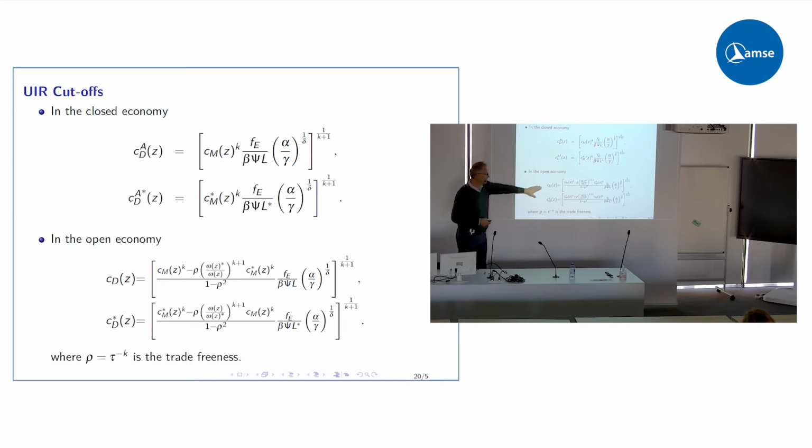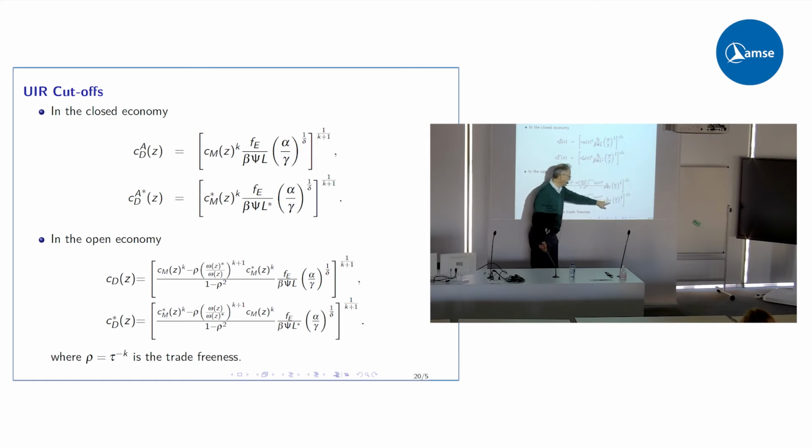Then in the open economy, you can solve the model with the export market. And you see that two things are going to be there on top. Of course, foreign variables. So how large is the gap between input prices in the two countries? The foreign Ricardian aspect, so the state of technology of the foreign country, and then the trade barriers. And then here you see the relative size. So this is the complication.